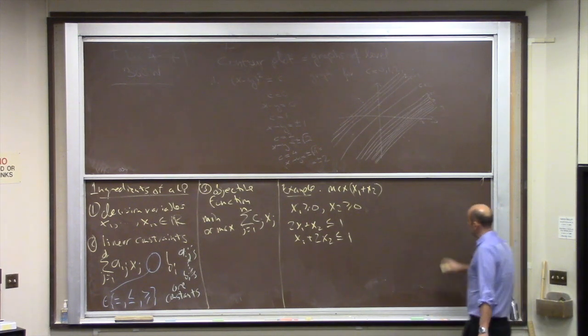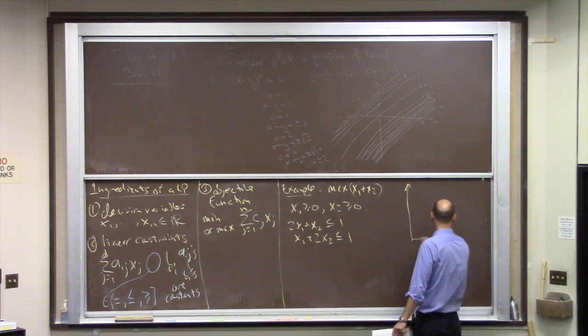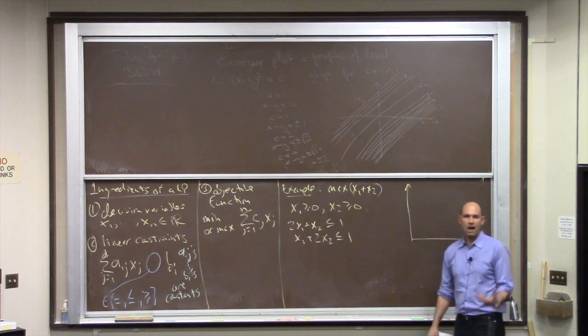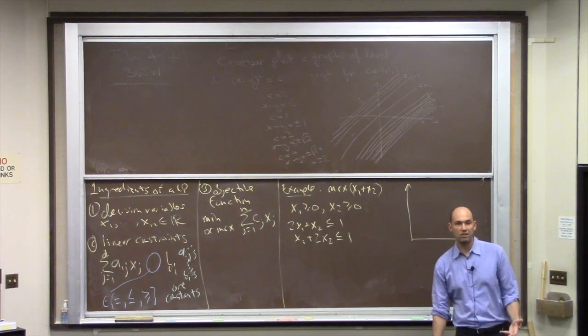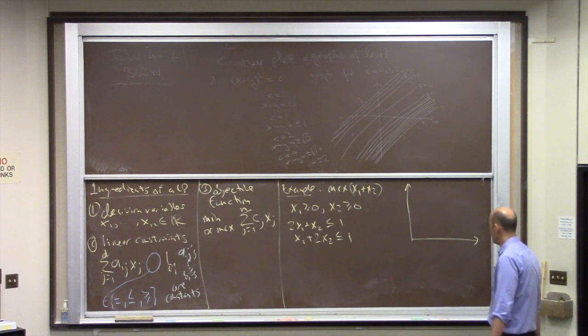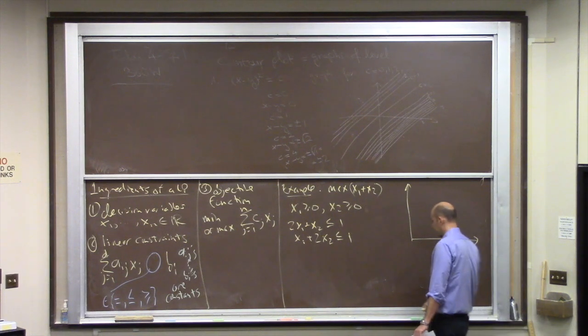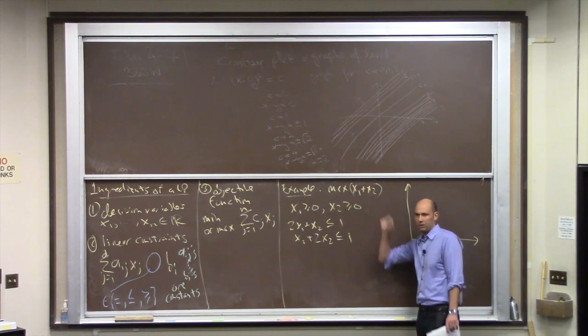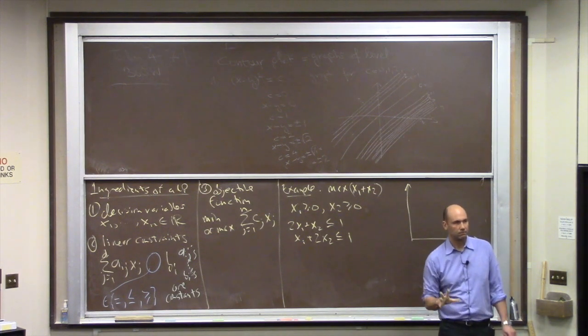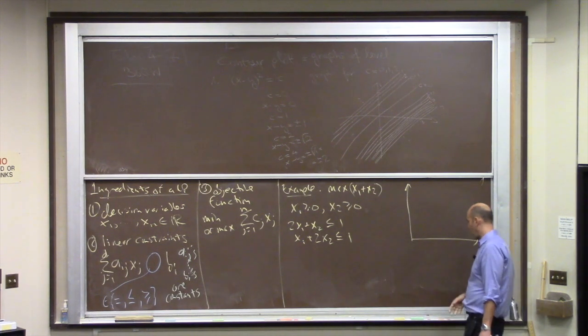So what would that look like in a picture? Since there's only 2 dimensions, we can think about candidate solutions as points in the plane, with their x1 and x2 coordinates. So first, before we worry about what's optimal, let's just worry about what points actually satisfy all 4 of these inequalities. Let's go through the inequalities one by one.